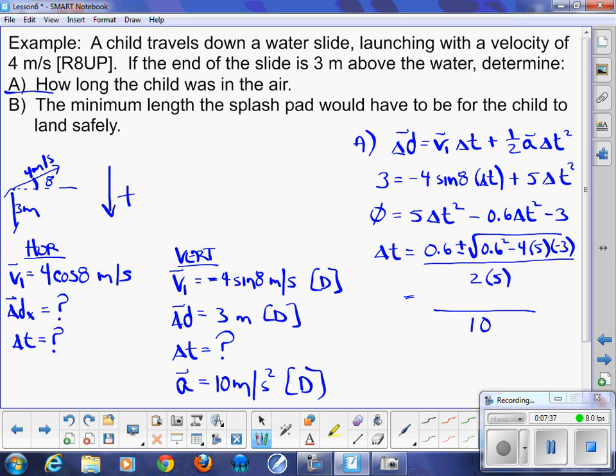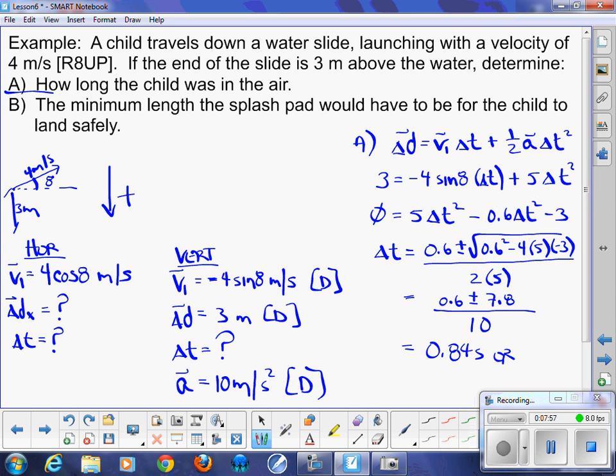So it will be 10, 0.6 plus or minus 7.8. Cleaning that up, 0.6 plus the 7.8 divided by 10 gives me 0.84, so less than a second.